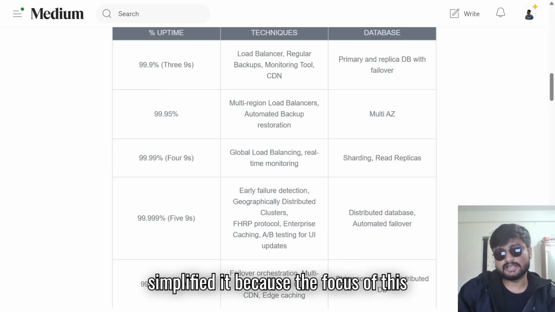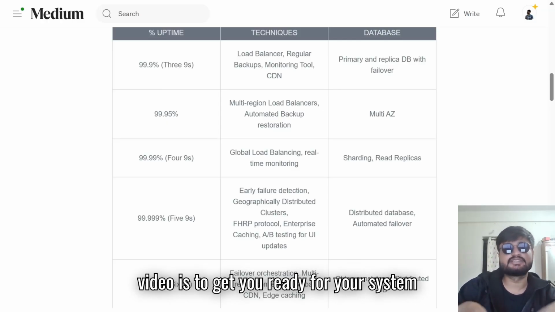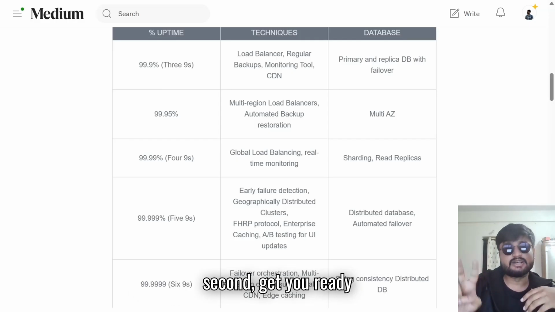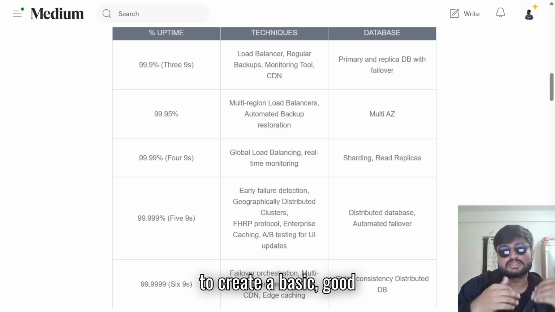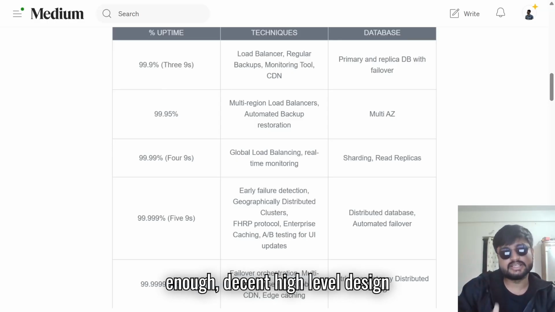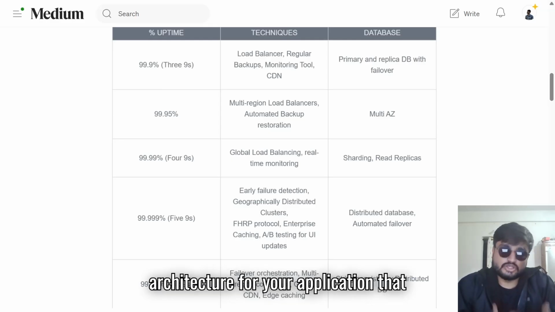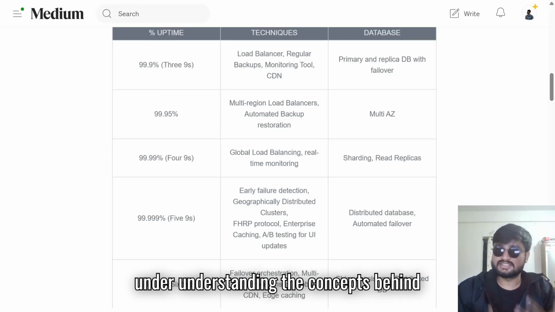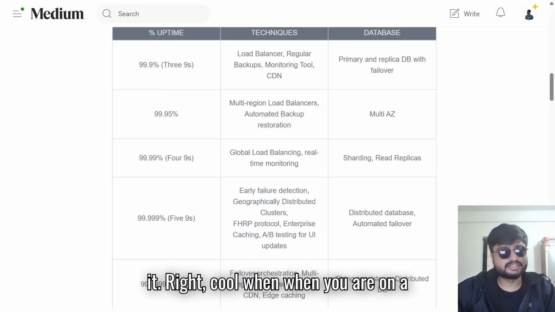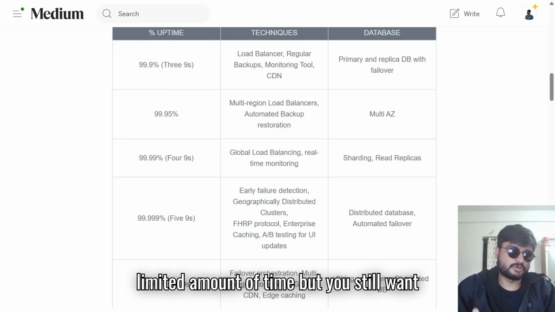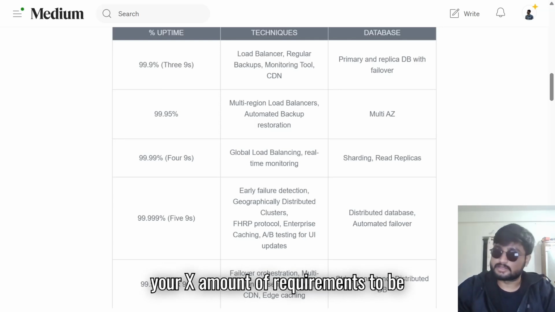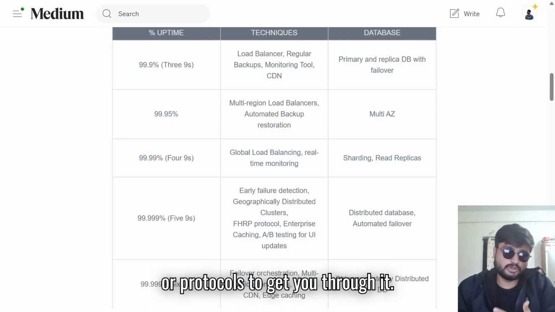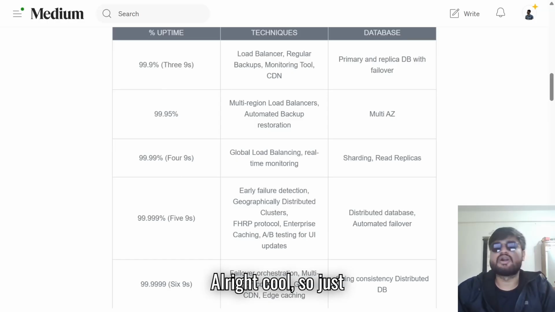But I have simplified it because the focus of this video is to get you ready for your system design interviews as fast as you can, or second, get you ready to create a basic, good enough, decent, high level design architecture for your application without wasting a lot of time on understanding the logic or the concepts behind it. When you are on a limited amount of time but you still want your requirements to be satisfied, this guide should give you a good enough set of rules or protocols to get you through it. All right, cool.